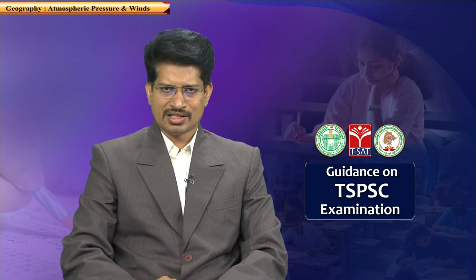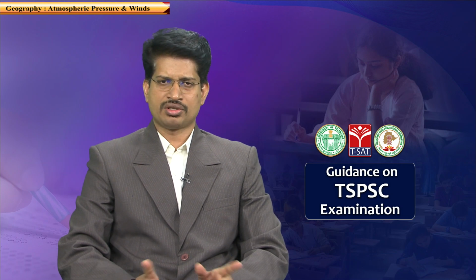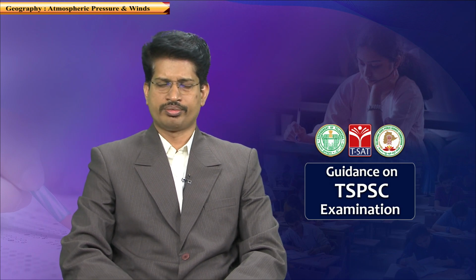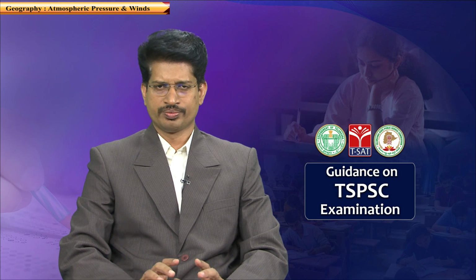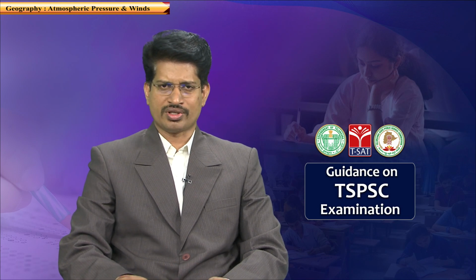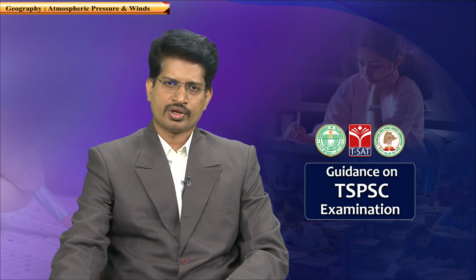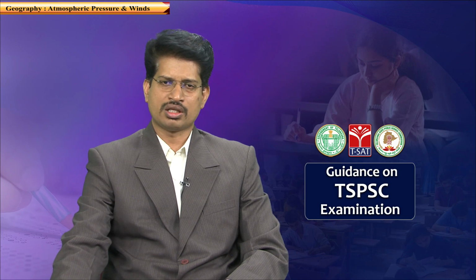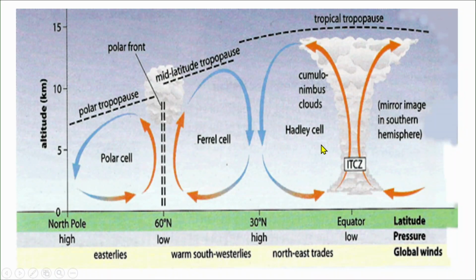So, it starts diverting to either side, to the north and south pole directions. So, it leads to the formation of a cell on either side of the equator known as the Hadley cell.